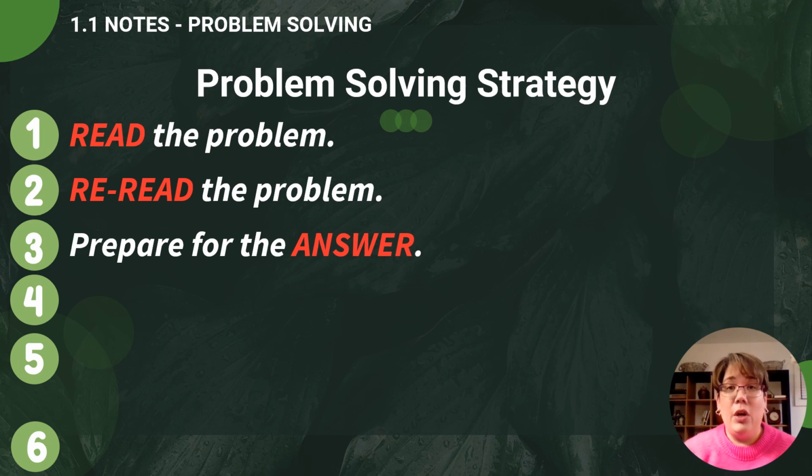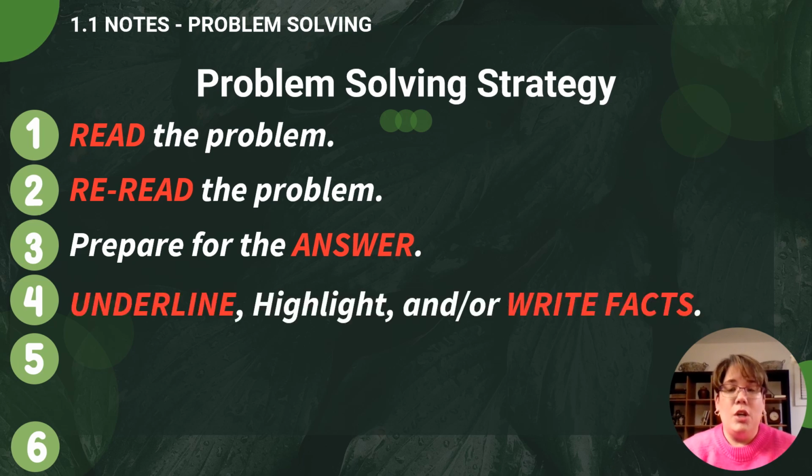That's to hold myself accountable, because I want to make sure that I answer the question as it's being asked. So many times we work through a problem and get an answer, but it's not the actual answer that the question is asking. You want to make sure that you provide the answer that the question is asking you. So, prepare for the answer.